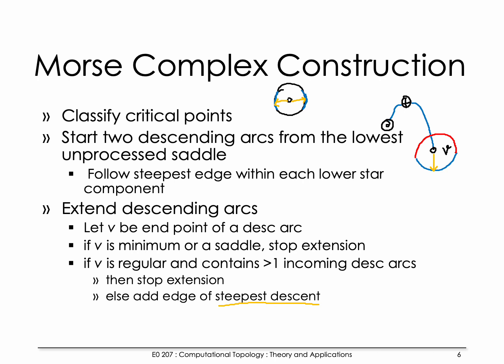Now there is one other condition we need to consider. In case when we reach V, we identify that there is already another incoming arc that has reached V. Then we know that there is another gradient line from a different saddle that has reached V, and we know that when we extend that descending arc, we would have gone past V. So we terminate the current descending arc computation.